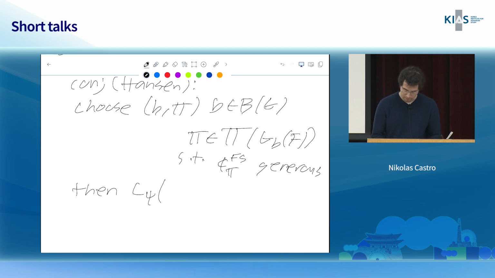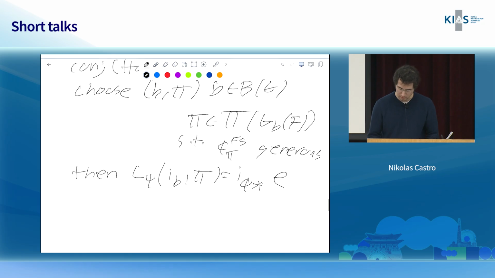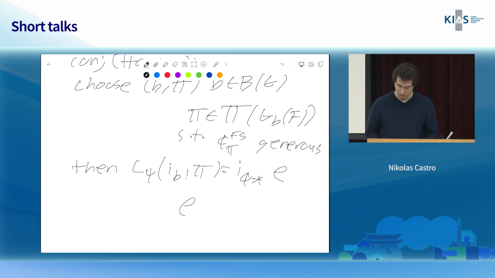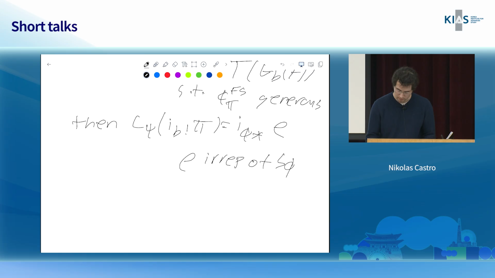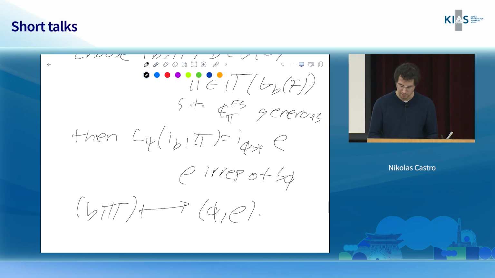Then C psi of i_b shriek pi should be i phi star rho for some rho an irrep of S phi. So this gives you sort of the classical local Langlands correspondence. So you can take your B and pi and match them to phi and rho.